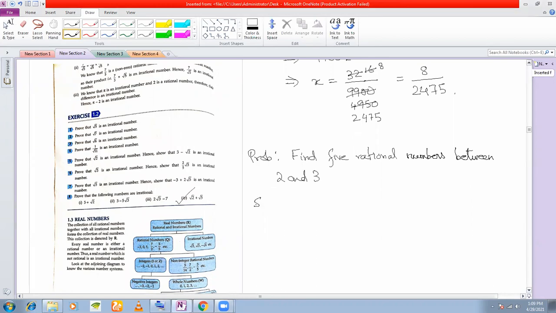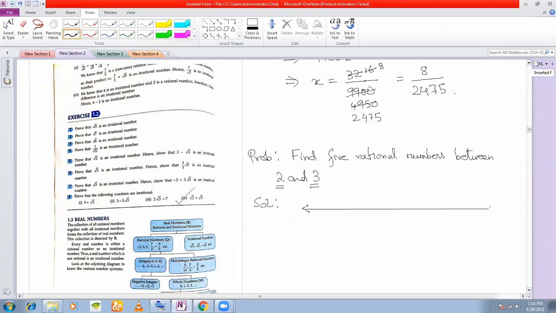But also what you see here is that you have two numbers that are integers, 2 and 3. You have to insert rational numbers between two integers. So whenever you have to insert rational numbers between two integers, this is the best way of doing this. What you do is you draw a line like this. This is the number line.